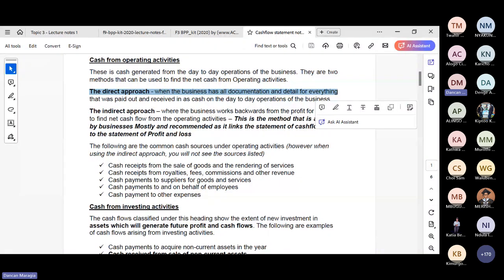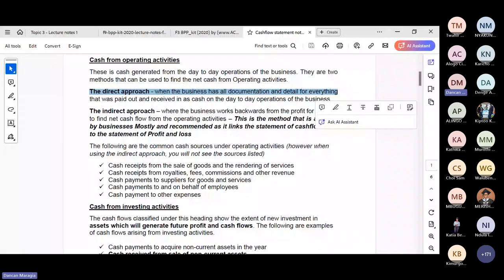Why you exist is to do that. Cash receipts from royalties, fees, commissions, and other revenues for those businesses involved in those types of businesses. Cash payments to suppliers for goods and services, cash payments to and on behalf of employees, and cash payments for other expenses.